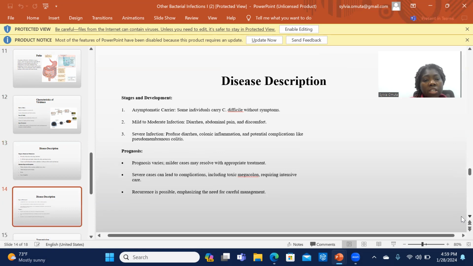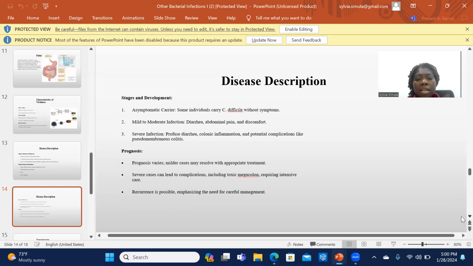Disease description, stages and development. Asymptomatic carrier: some individuals carry C. difficile without symptoms. Mild to moderate infection: diarrhea, abdominal pain, and discomfort. Severe infection: profuse diarrhea, colonic inflammation, and potential complications like pseudomembranous colitis.